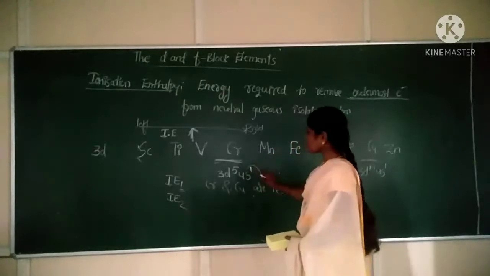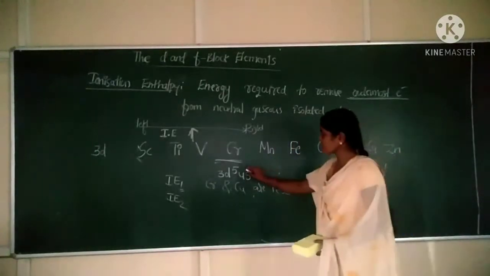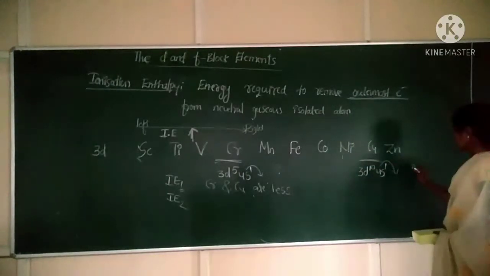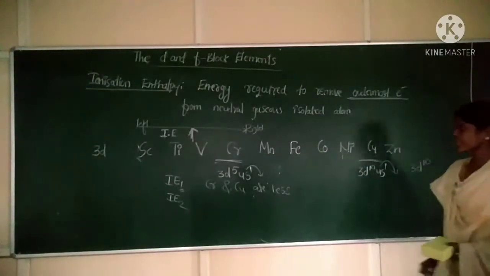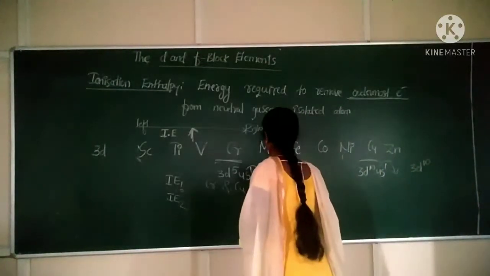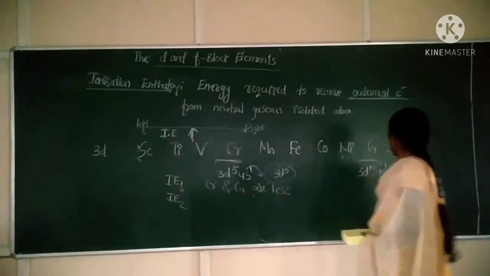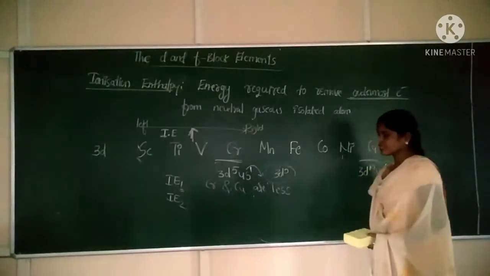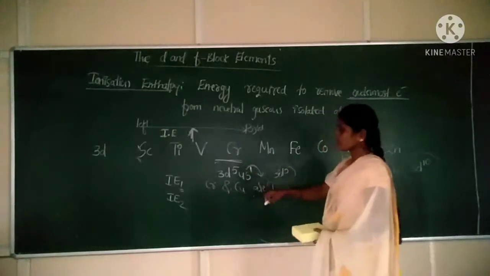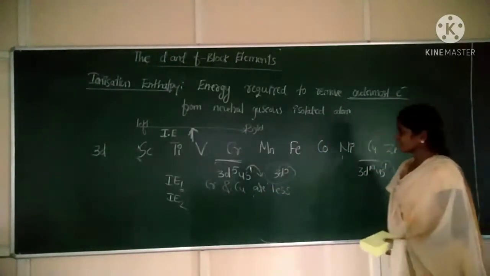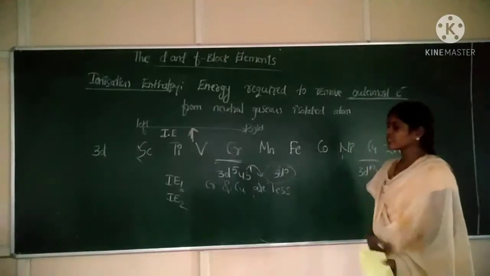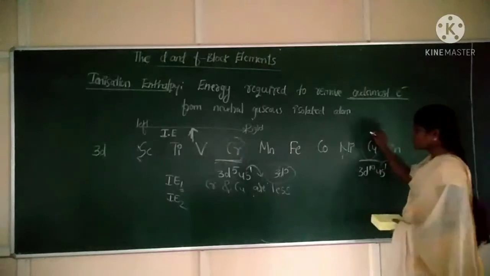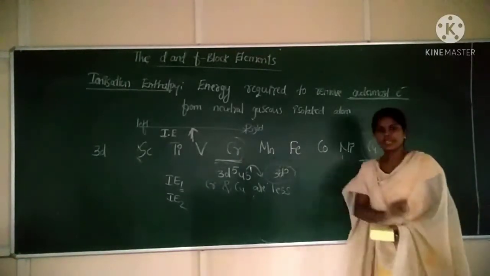Because once we have removed the electron from chromium as well as from copper, it will attain a stable configuration, 3d5 and 3d10 respectively. So 3d5 and 3d10 are what? Stable configurations. To attain this stability, it will easily lose the electron from its outer shell, so the first ionization enthalpy of chromium and copper will be less compared to their neighbors.